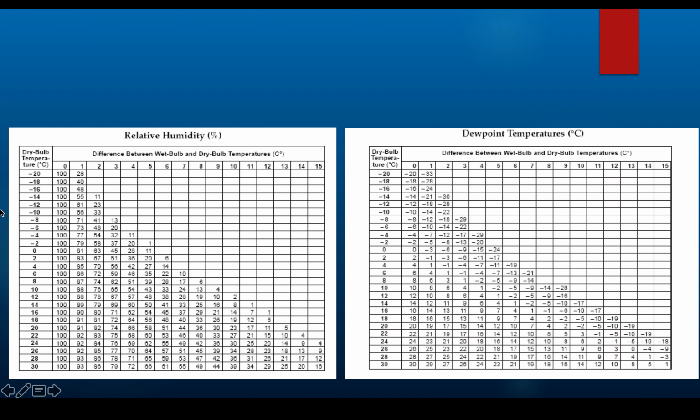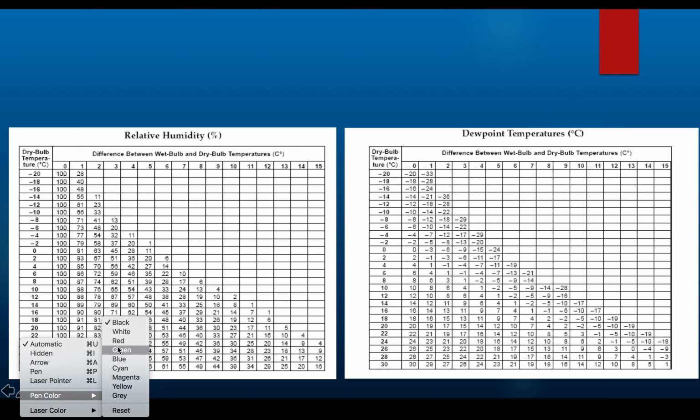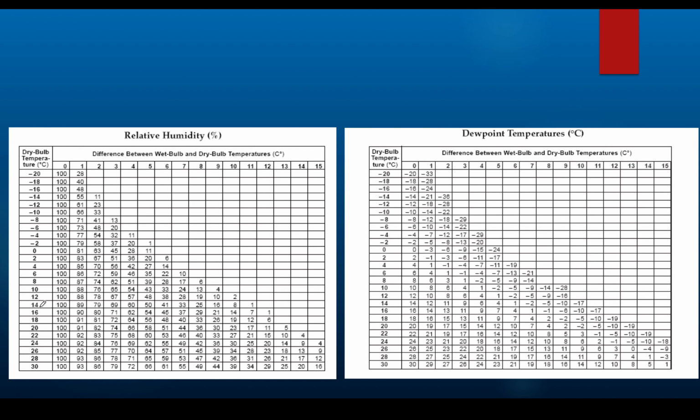If we go back, we're looking for relative humidity here. We know that the dry bulb was 29, which is not on the chart, but it is right here in between 28 and 30. We also know the difference was 6.